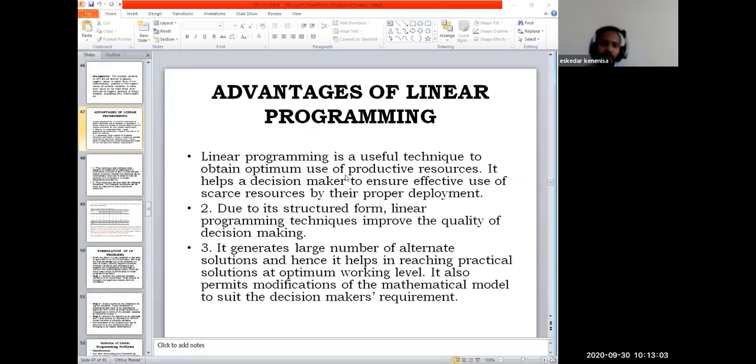Due to its structured form, linear programming techniques improve the quality of decision making.